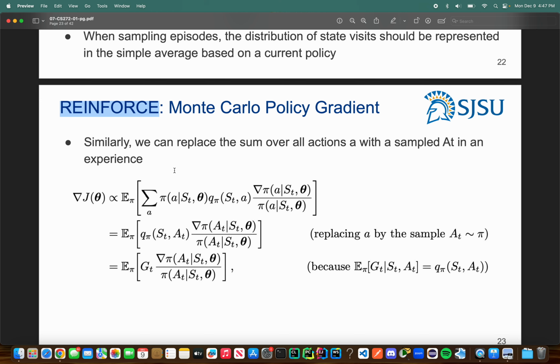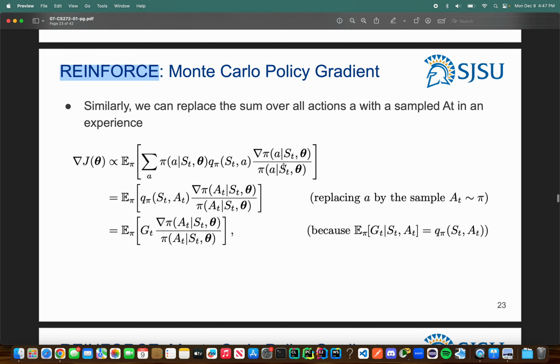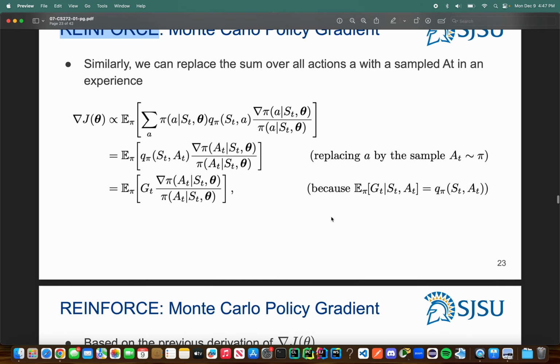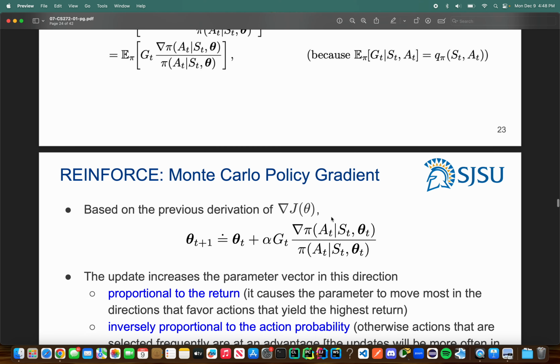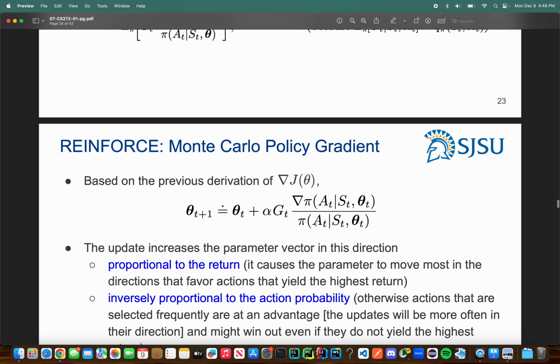Basically you have this equation, and then you can use the return computed for an episode as part of the target value. And then you use the gradient of the performance function to adapt the policy parameters.